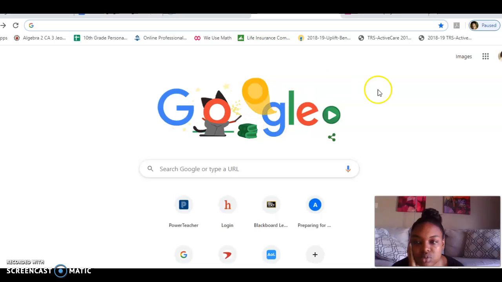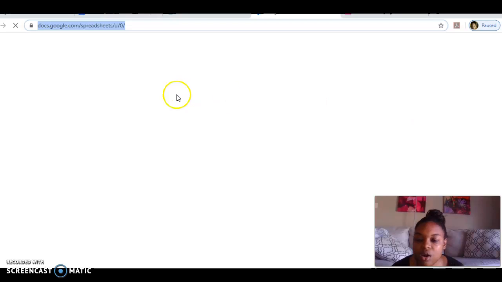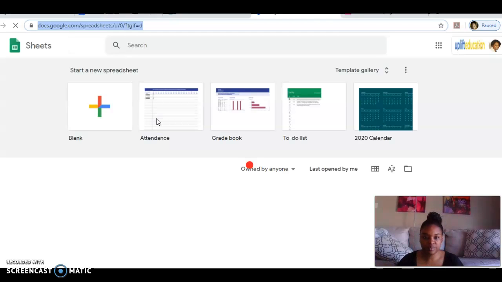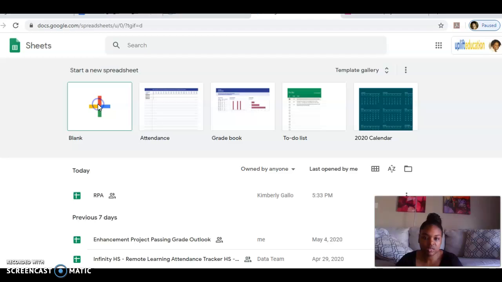So I'm just going to go to Google, go over to these nine little circles over here and click on Sheets. And it opens up this little spreadsheet that you're about to see in a moment. Under Start a new spreadsheet, you're going to choose this blank document.